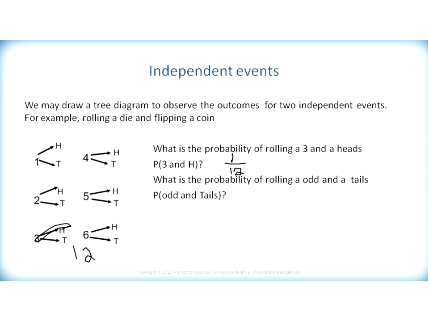There are 1, 2, 3 odd numbers. So the odd and the tails would be 1, 2, 3. 3 options out of the 12, which gives us 1/4.